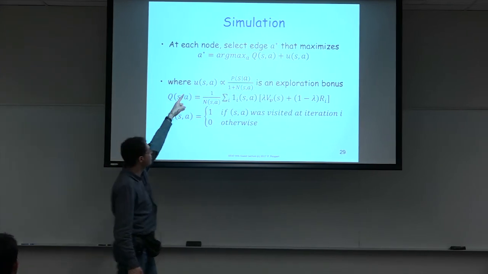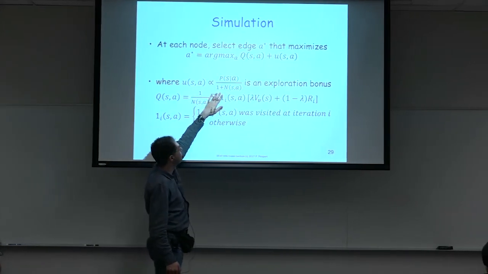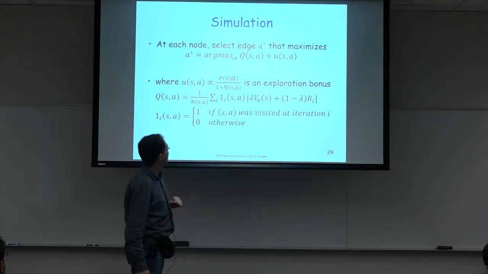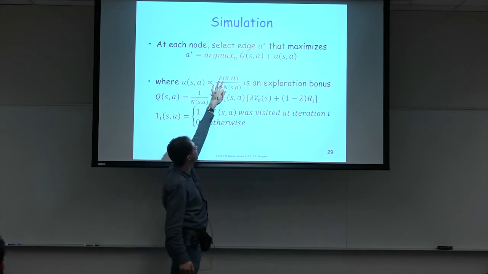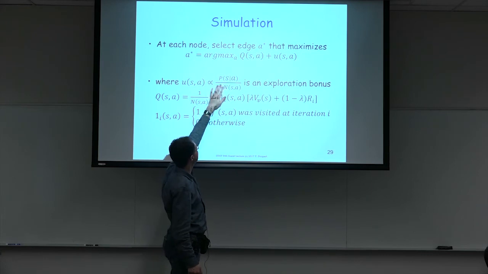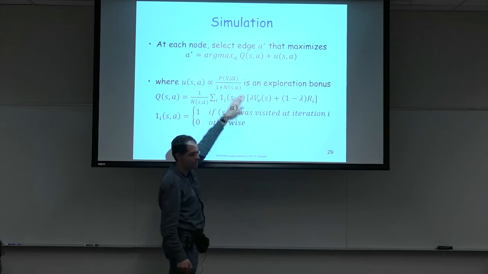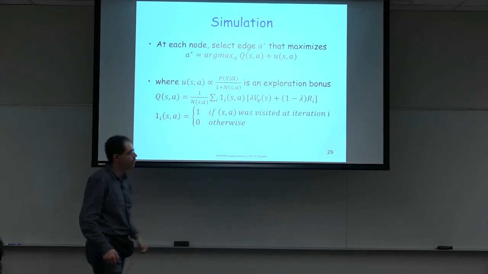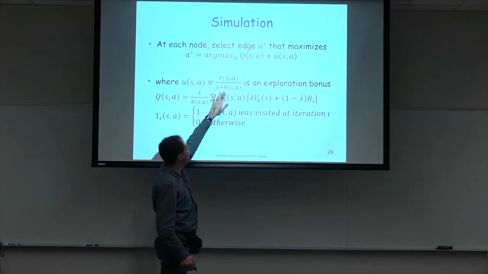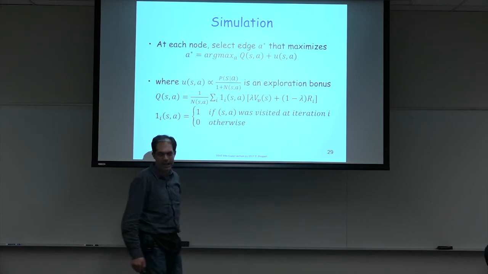And this exploration bonus is going to be proportional to the probability of choosing, okay, I think I've got a typo here. I believe this should be the probability of A given S as opposed to S given A. So it would be the probability of choosing an action given a state with our current policy, divided by 1 plus the number of times we've chosen that action.